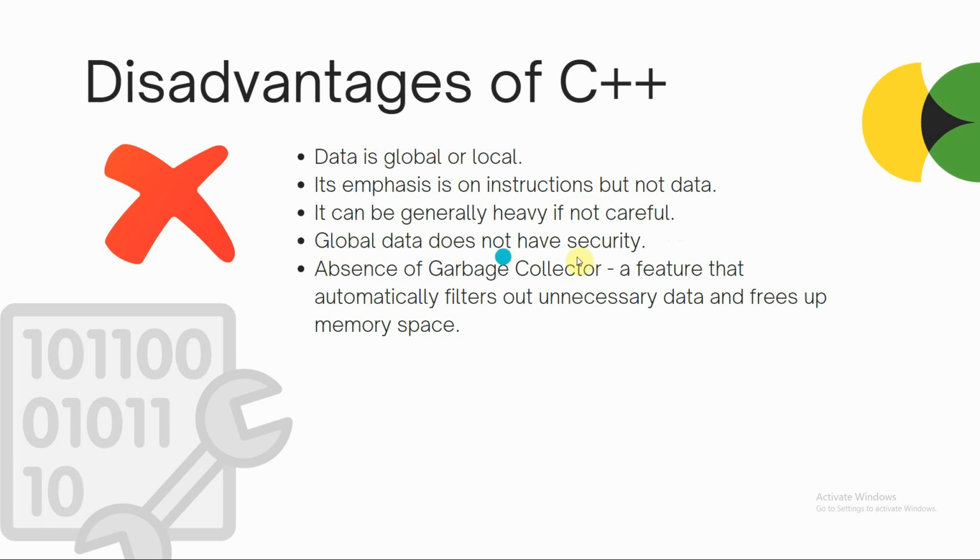Global data does not have protection given its feature of having global variables, and it has an absence of a garbage collector. What we mean by this term is a feature that automatically filters out unnecessary data and frees up memory space.